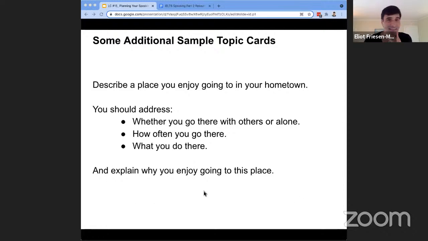And then this last part is the most complex: answering why you like going to this place. This would require some more detailed explanation. So just notice that for now. We're going to talk about strategy and note-taking as we go, but I'm pointing out how things tend to require a little more lengthy answers as we go.